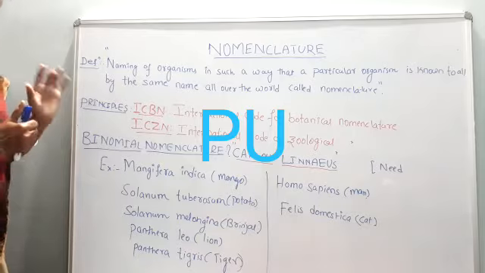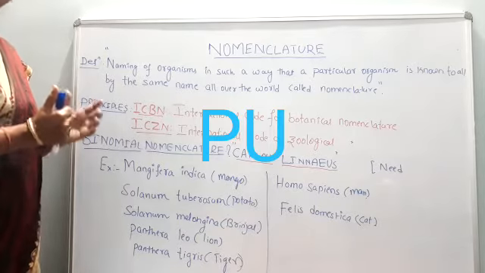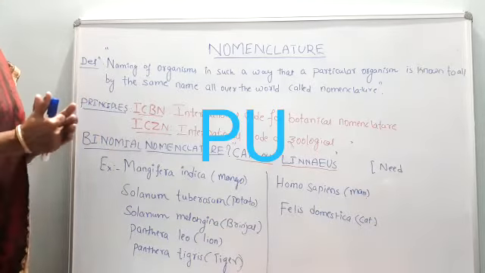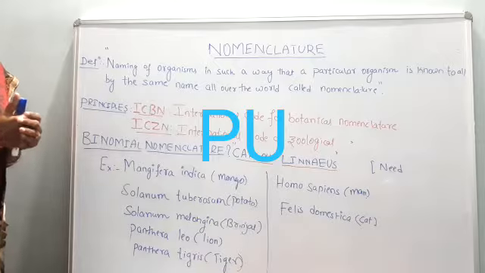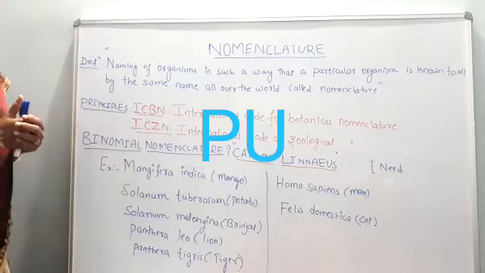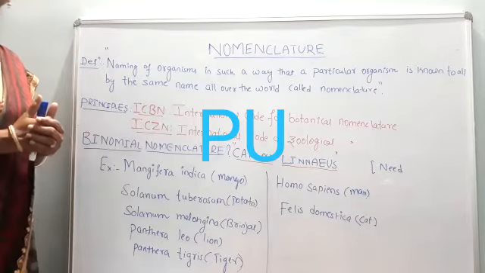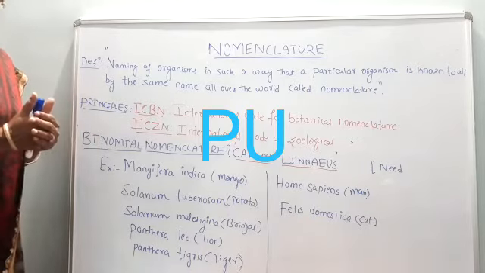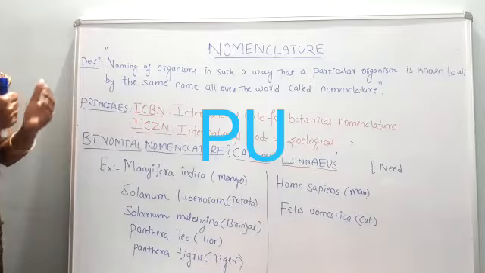Now, as I told you, biologists have established some procedures and principles to name organisms, either plant or animal, and how they should be categorized.